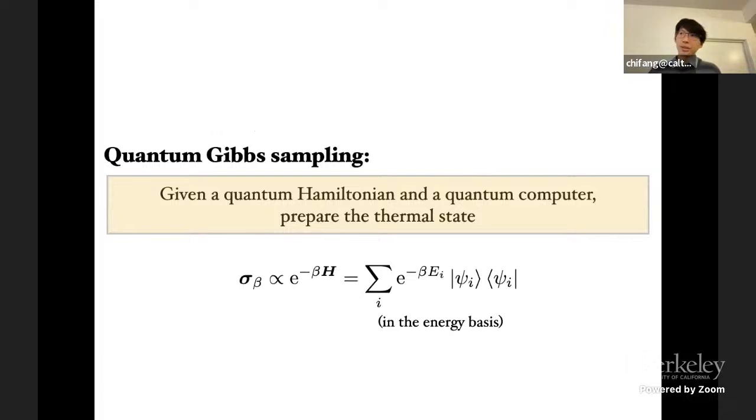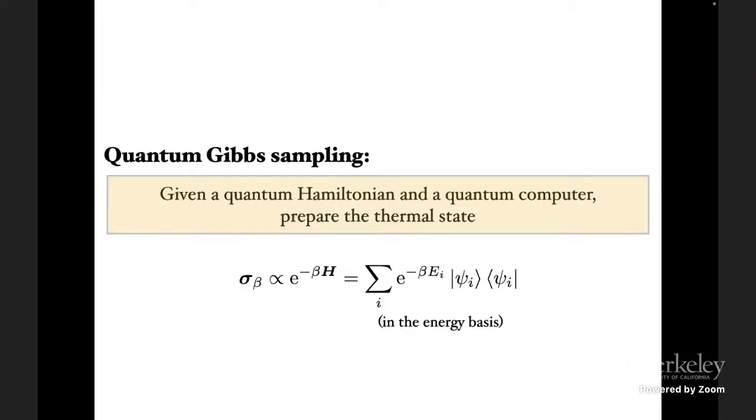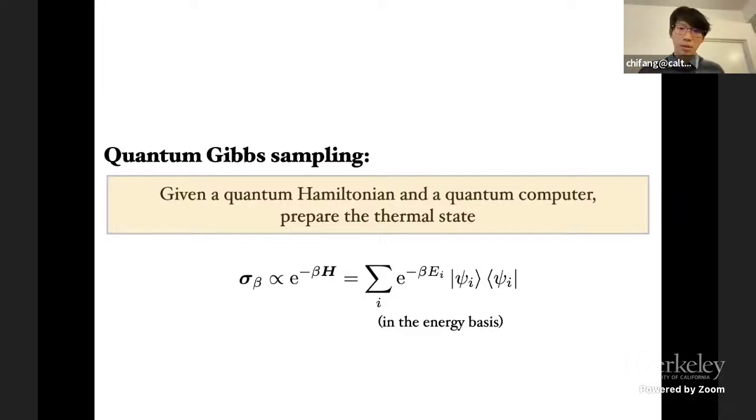All right, so the task we're considering today is to sample Gibbs states. More precisely, you're given a quantum Hamiltonian and also a quantum computer, and the goal is to prepare the thermal state. The thermal state is an object you can take from the physics textbook. It's also called a Gibbs state.